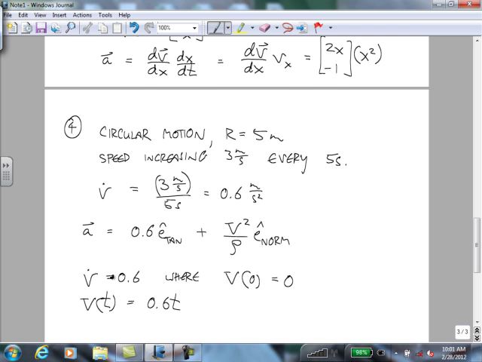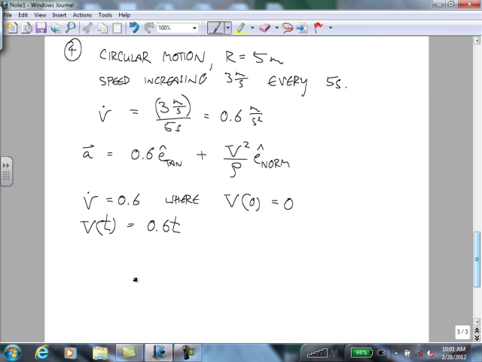So that's an easy differential equation, and it gives you that the speed as a function of time is equal to 0.6t. What's rho for a circle? Yeah, right. Rho is the radius of curvature. And for a circle, the radius of curvature is the actual radius.